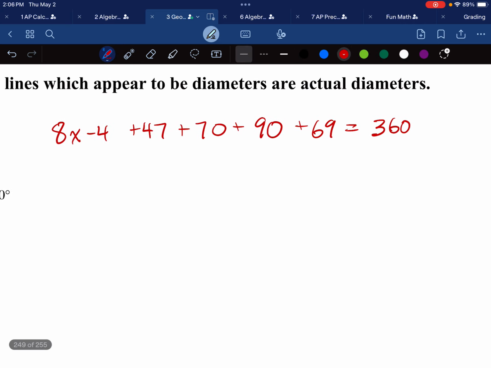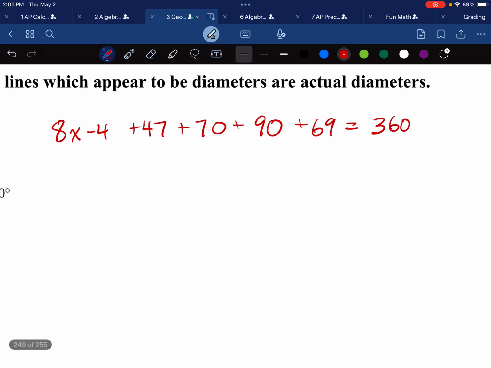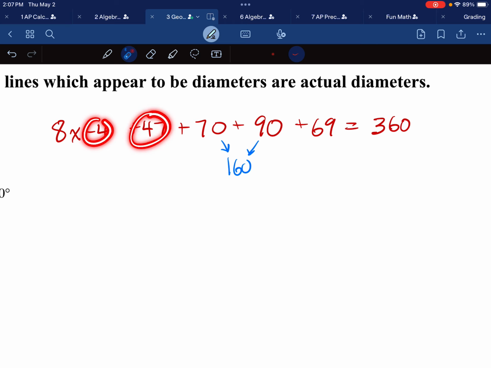I'm leaving out the degrees to make this go faster. All right, so what do we have here? These two add up really nicely, so let's go ahead and say that those two change into 160. We'll do arrows so I can remember what happened here. And then I have these three terms. I'm thinking that this one and this one go together nicely, so it's going to be 43, and 43 plus 69, well, 4 and 6 make the 100, and then the 3 and 9 make it 12, so it's going to be 112.